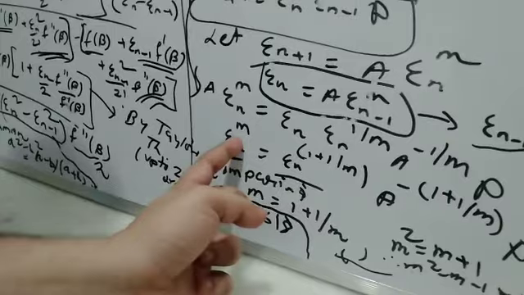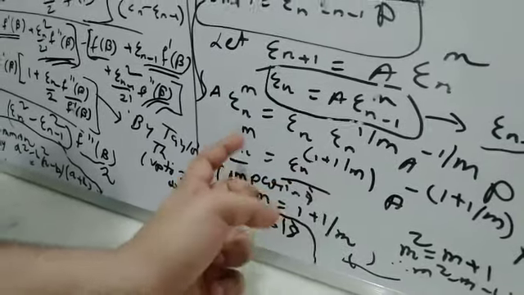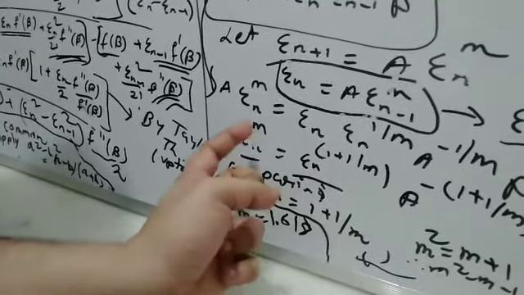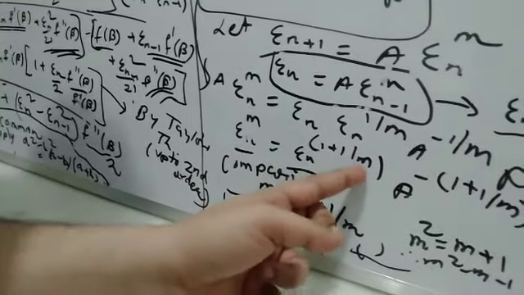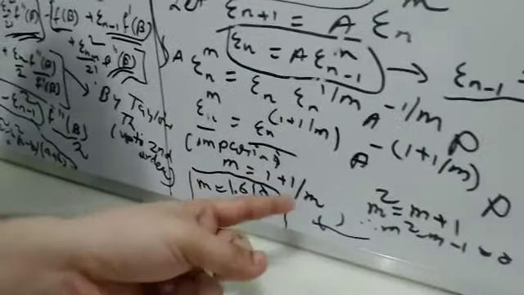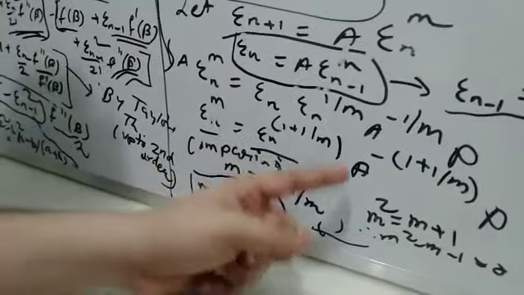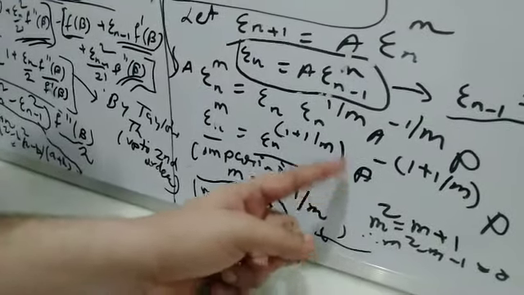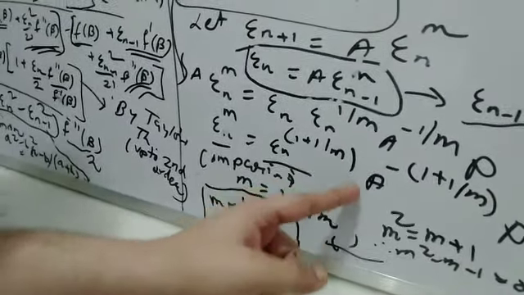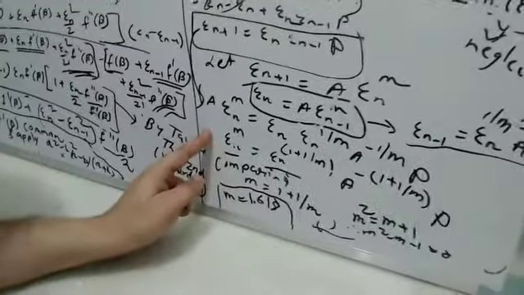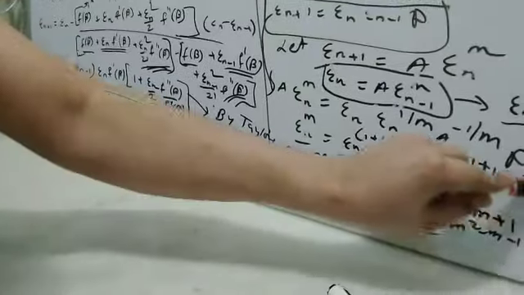Just compare this part, only the epsilon n part, then m is equal to 1 plus m. So I can write m equal to 1 plus m, and this part is basically 1, right? This part, there is no term here. This term is not here.